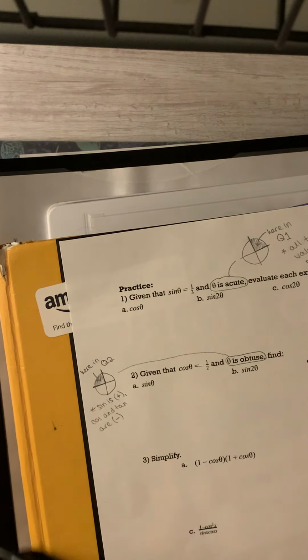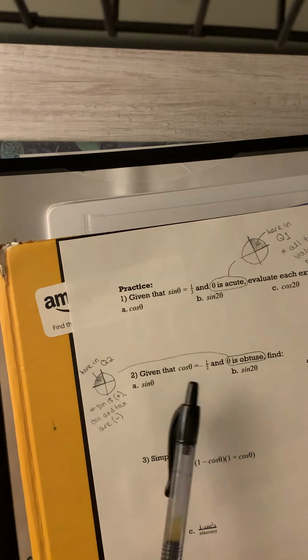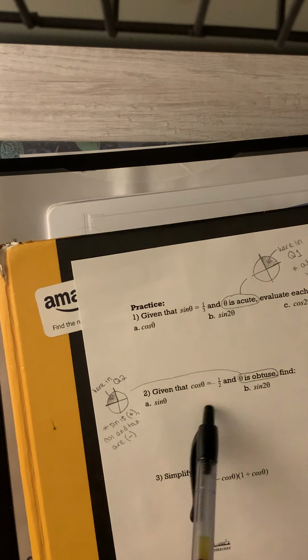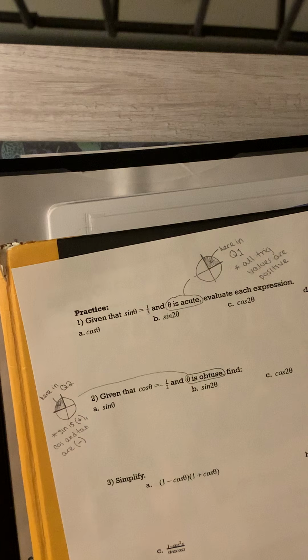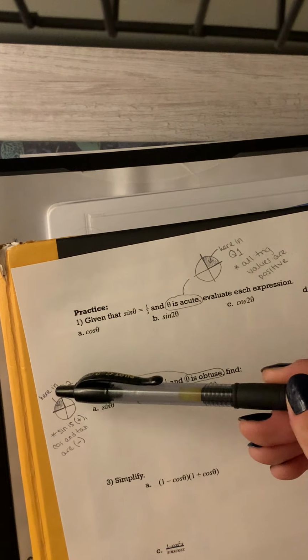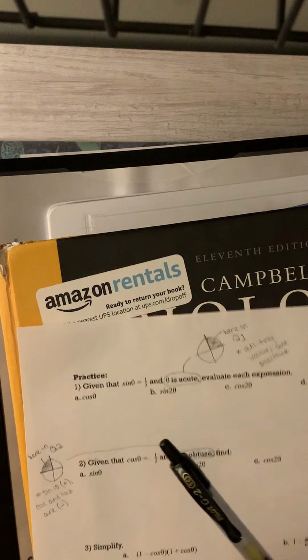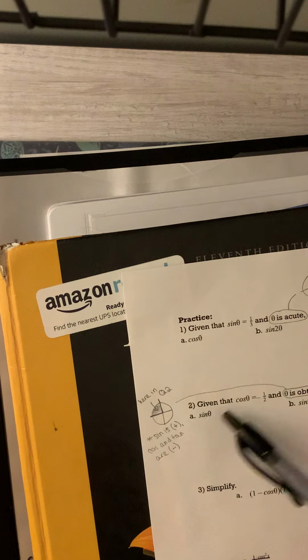Looking down here to problem 2, we're given that cosine theta is -1/2, and that theta value is obtuse. So obtuse means from 90 to 180, so from 90 to 180 on that side of the unit circle, which I've filled in here. So we're working there.